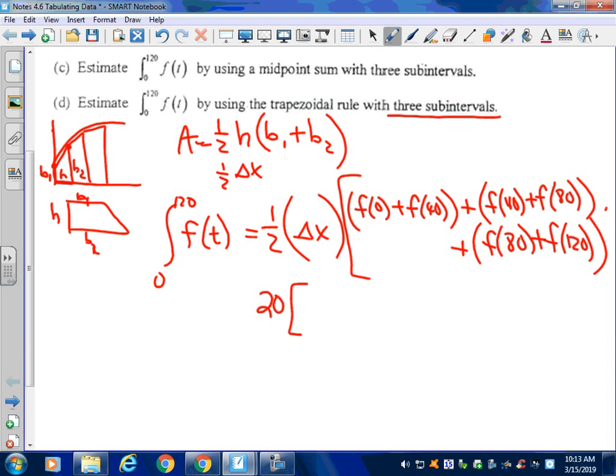I just didn't know. Yeah. So that's why it's important to know which one gives you the best answer. Now, if I could do Simpson's with this problem, it would be more accurate because Simpson's rule is the most accurate, but you have to have n as an even number, and n wasn't an even number in this problem.